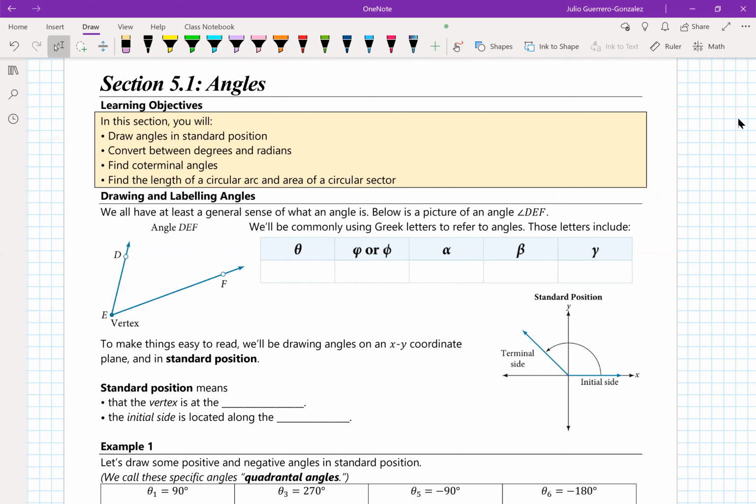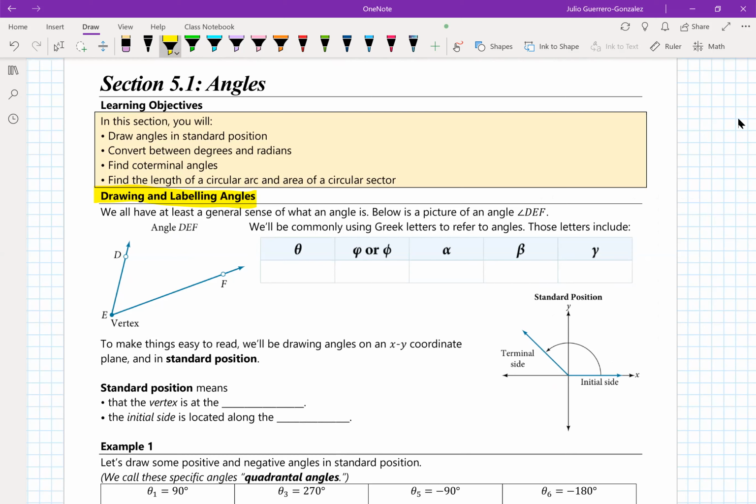So this deals with just how to read an angle and how it works, at least in the context that we need it, okay? First of all, we're going to start with drawing and labeling of angles.